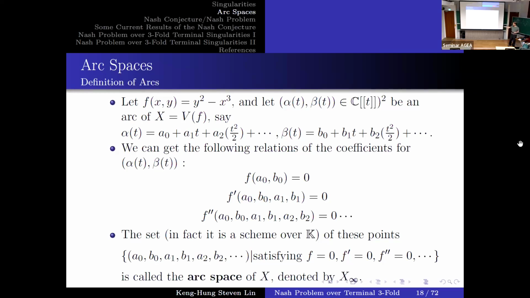So the scheme structure can be treated as provided by such affine charts. Any other questions?